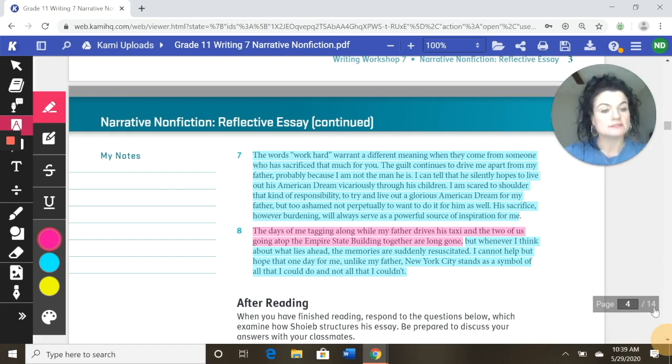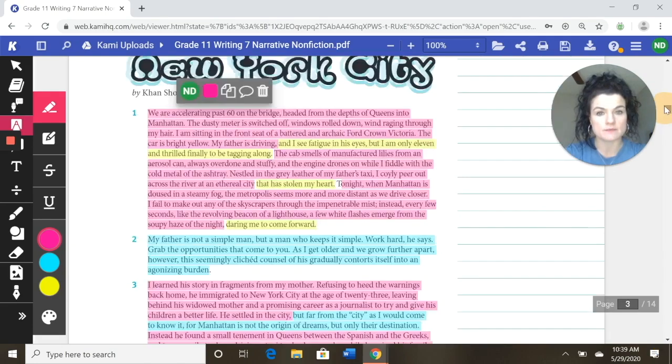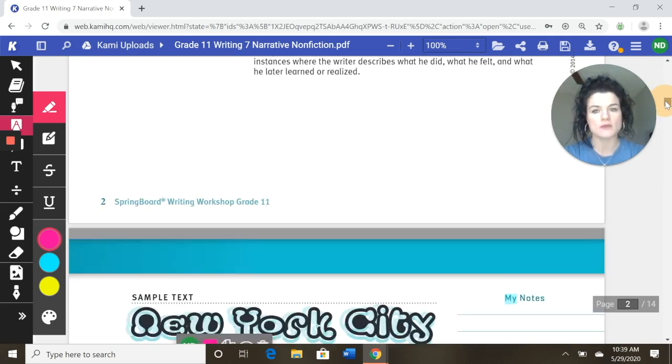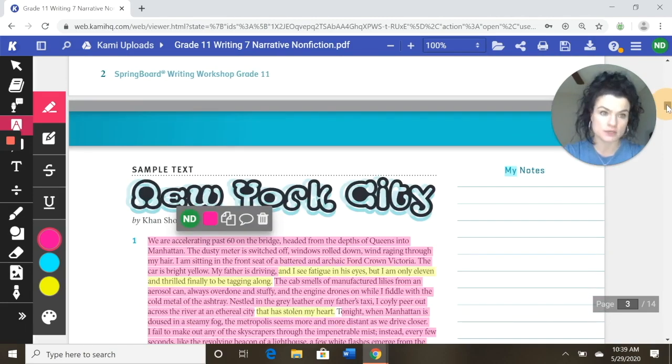Okay, so let's look at what I highlighted here and what these things might mean. So again, response is in blue, incident is in pink, and reflection is in blue. So we have to have our incidents first. We have two incidents. One is when he is remembering riding along with his dad in the cab, seeing New York City, all the lights, so all the opportunity that comes with that.